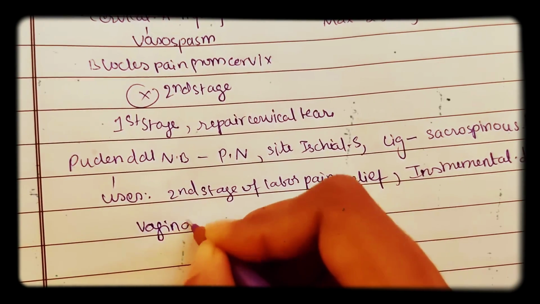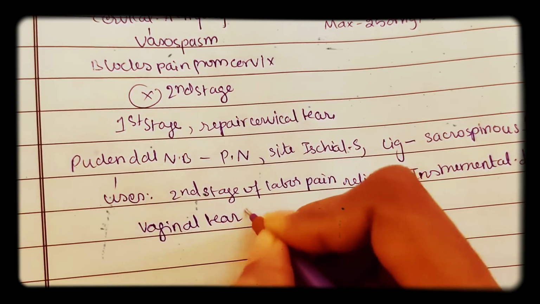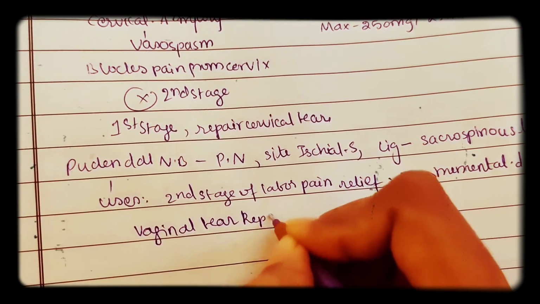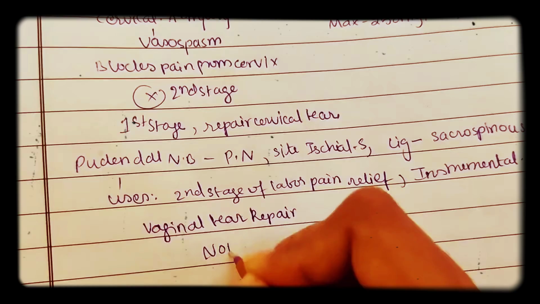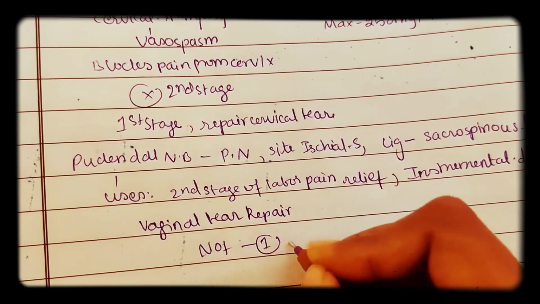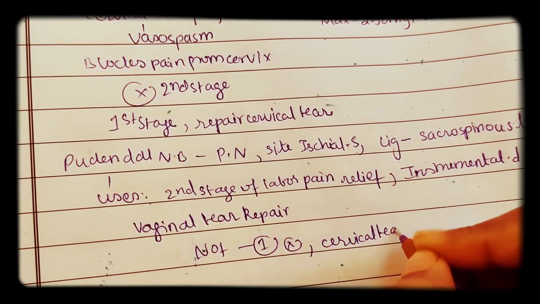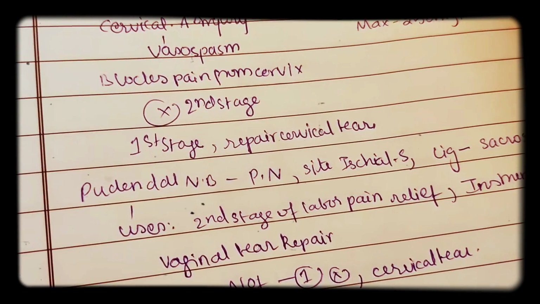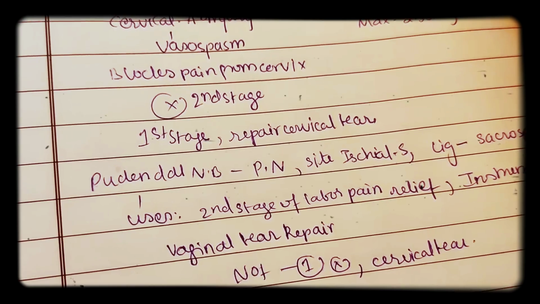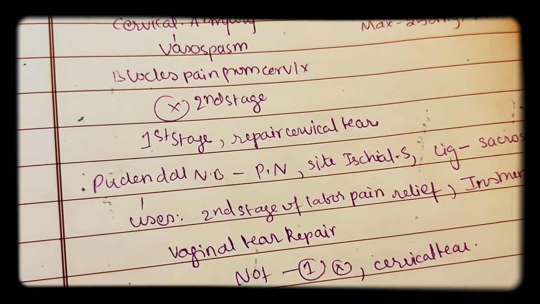We can do here the perineal or vaginal tear repair. And next, it is not used in first stage of labor relief, and also it is not used in cervical tear relief.